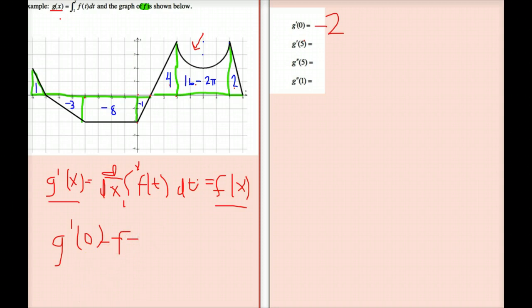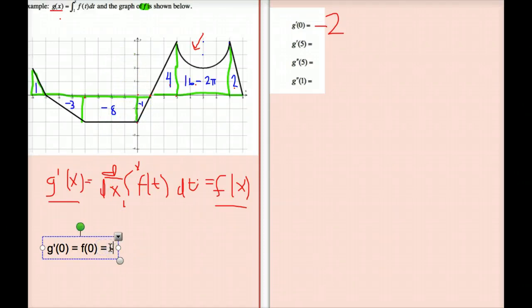Let me type this out because the computer's not liking me right now. So I could say g prime of 0 is equal to f of 0, which according to the graph, because this graph is f, at 0 my value was negative 2.